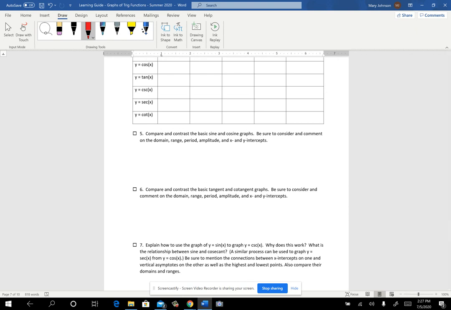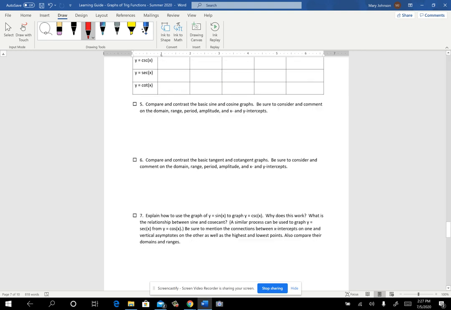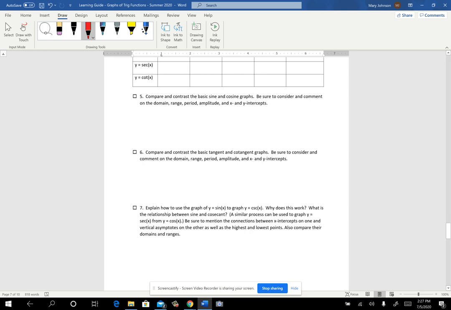Look at what's the same, what's different, how are they similar? In what ways are they different? Do the same for the tangent and the cotangent graphs. How do their basic looks seem similar? What's different about them? So take a little time on 5 and 6. I'll let you do those two.